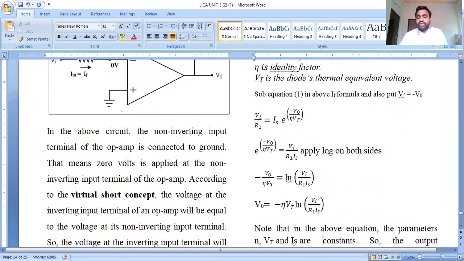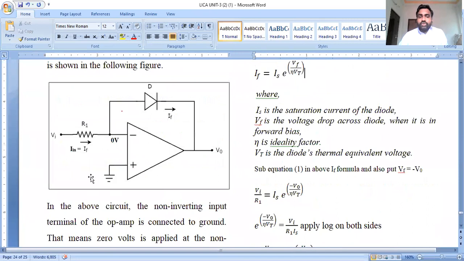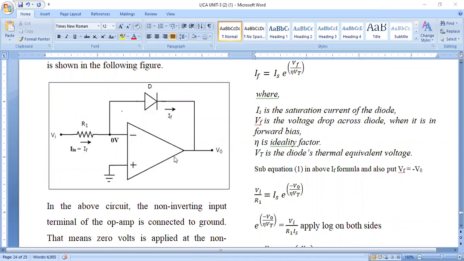So here we analyzed the behavior of the logarithmic amplifier by simply doing a nodal analysis. Now let's look at the drawbacks of this logarithmic amplifier.